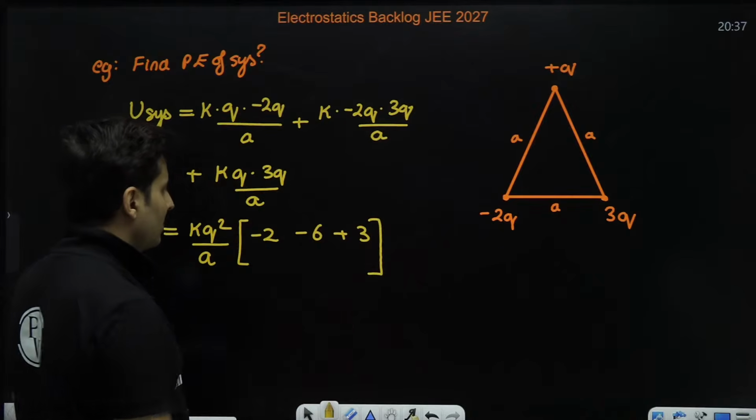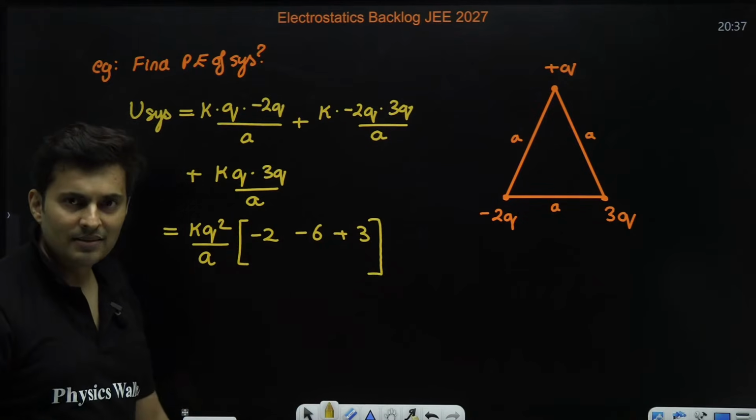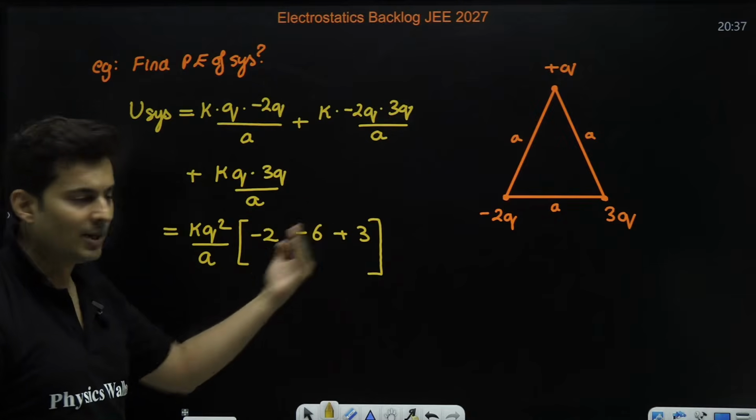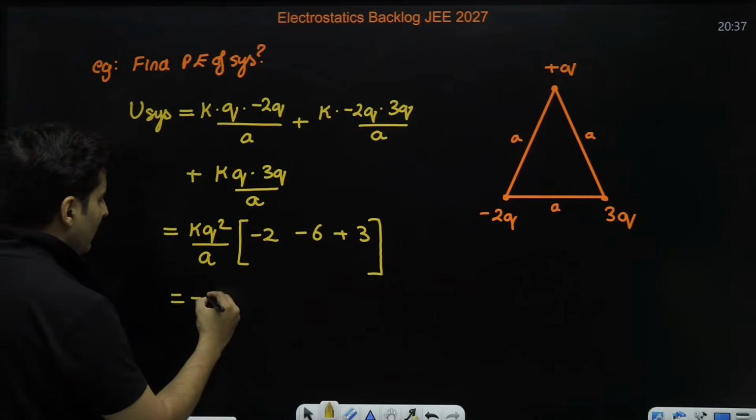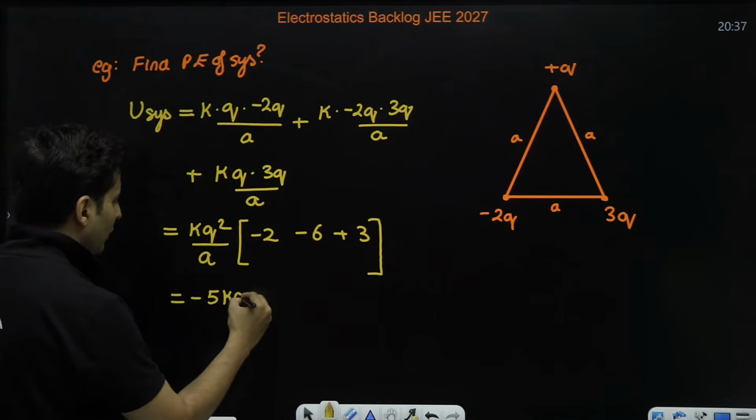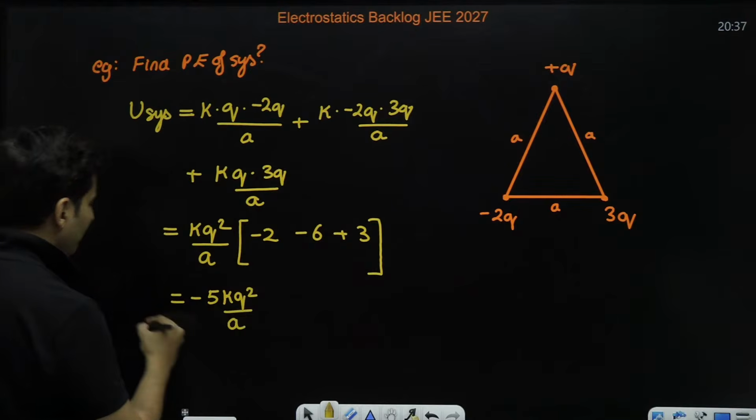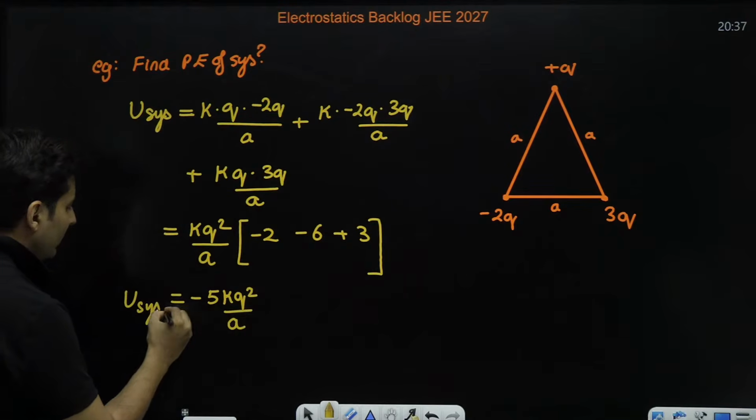Minus 2 and minus 6 is minus 8. Minus 8 plus 3 is minus 5. So the final answer will be negative 5kq squared divided by A, the potential energy of that triangular system.